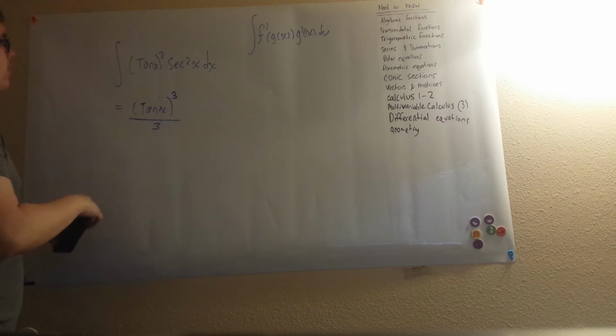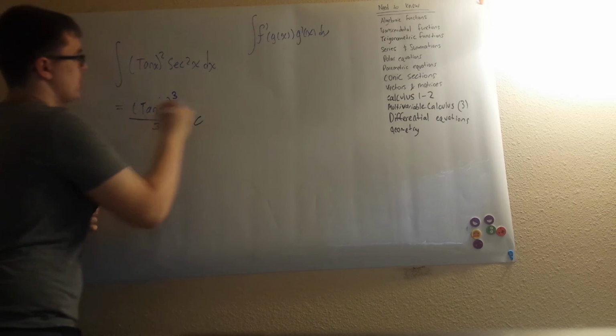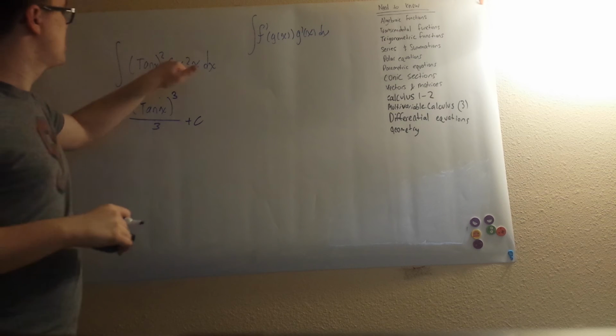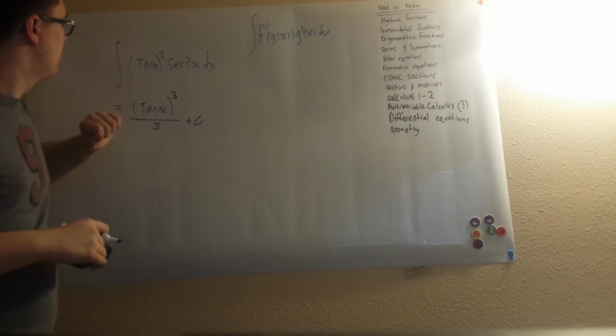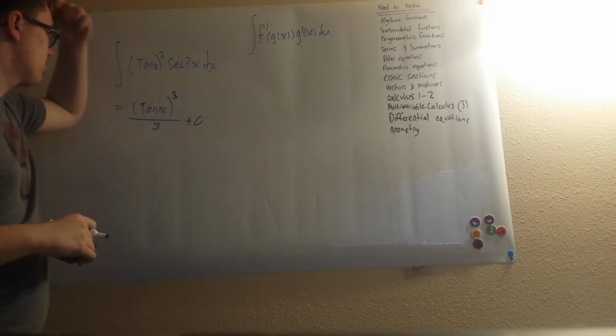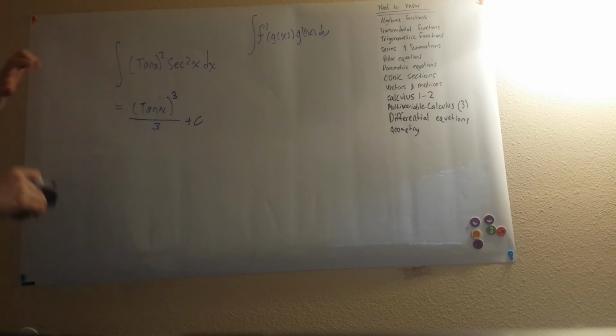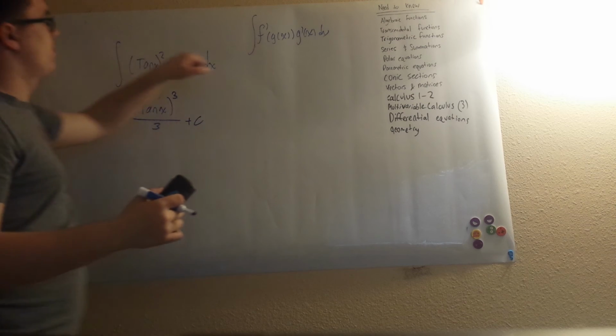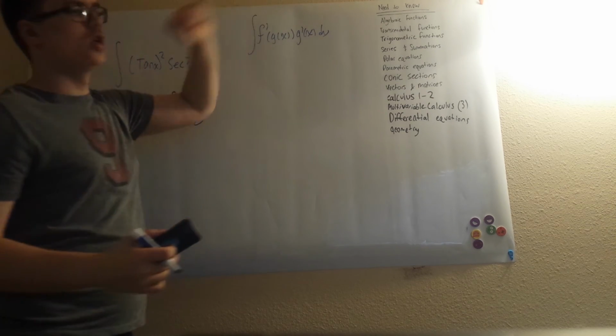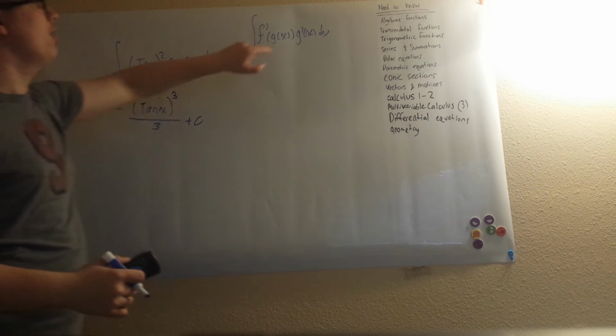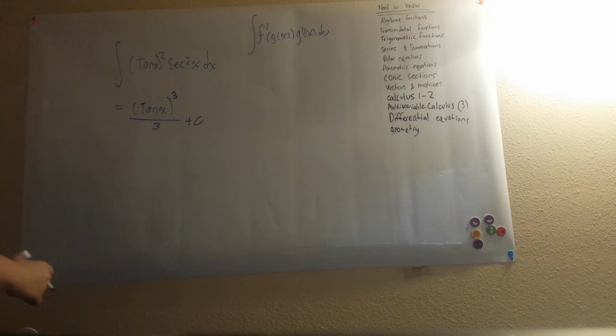There you go. That's it. And then you put a plus c. You don't have to worry about this because it's the derivative of the inside. The tangent to the third over 3 is the result of integrating this chain rule kind of thing, right? This composition derivative. Let's do another one.